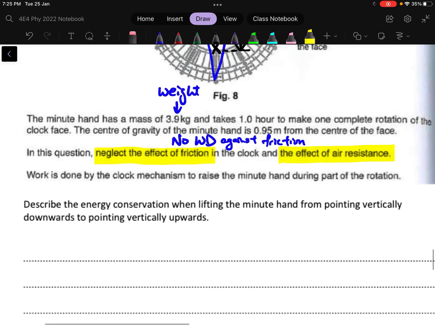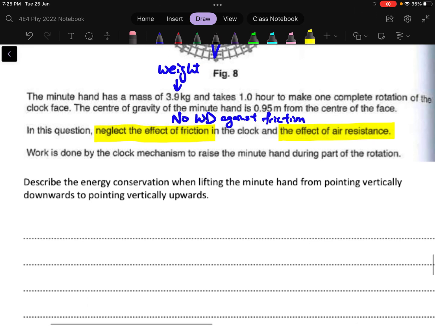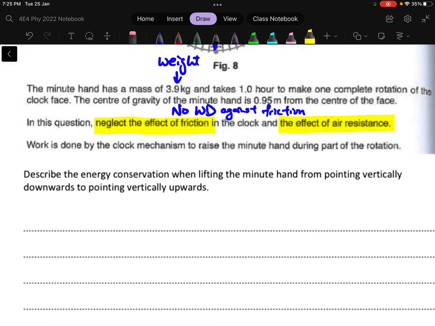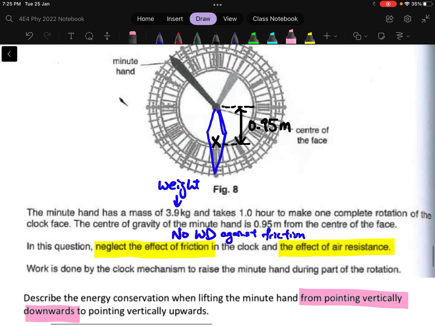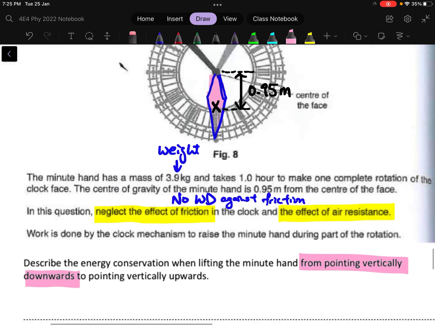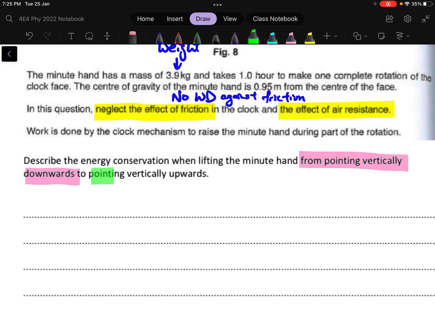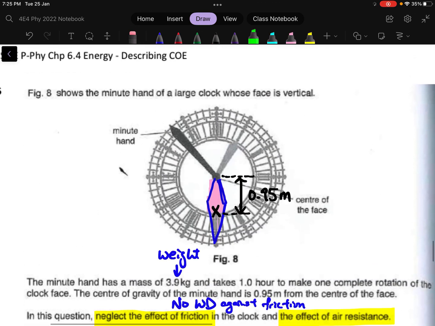Work is done by the clock's mechanism to raise the minute hand during part of the rotation, and I'm asked to describe the energy conservation when lifting the minute hand from pointing vertically downwards, which is what I've drawn here, to vertically upwards. So vertically upwards will look like this, and the CG will be over here.